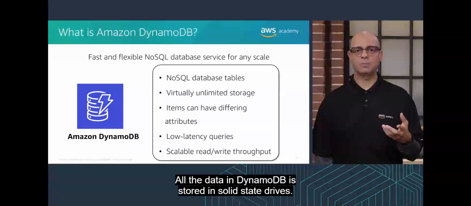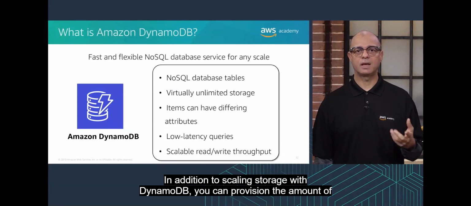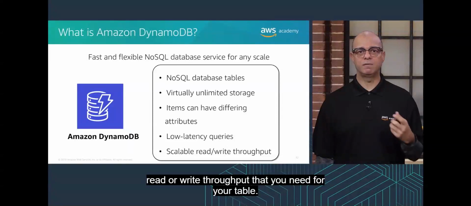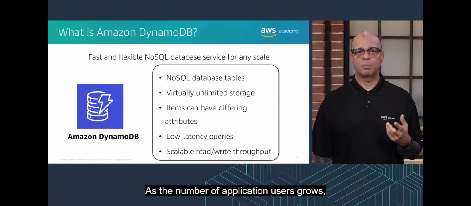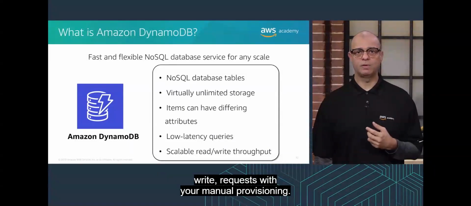All the data in DynamoDB is stored in solid-state drives, and its simple query language enables consistent low-latency query performance. In addition to scaling storage with DynamoDB, you can provision the amount of read or write throughput that you need for your table. As the number of application users grows, the DynamoDB tables can be scaled to handle the increased number of read-write requests with manual provisioning.